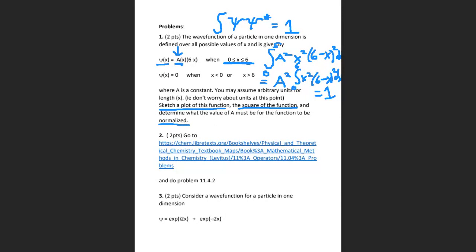The function is e to the i 2x plus e to the minus i 2x. And you're supposed to test to see if it's an eigenfunction of two operators, the Hamiltonian and the momentum operator.